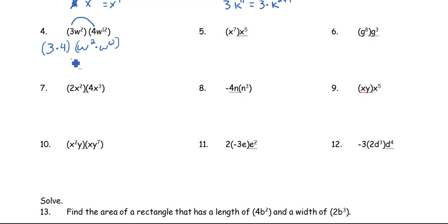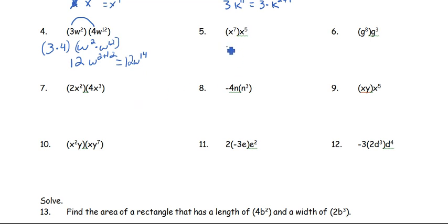And so that's 12, and then times w to the 2 plus 12. And that comes out to 12w to the 14th. Now 12 is not raised to the 14th power, only w is.